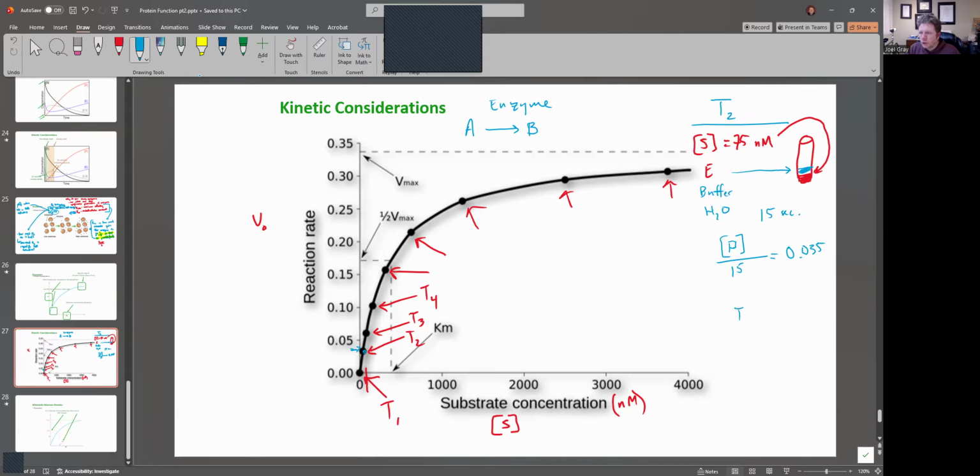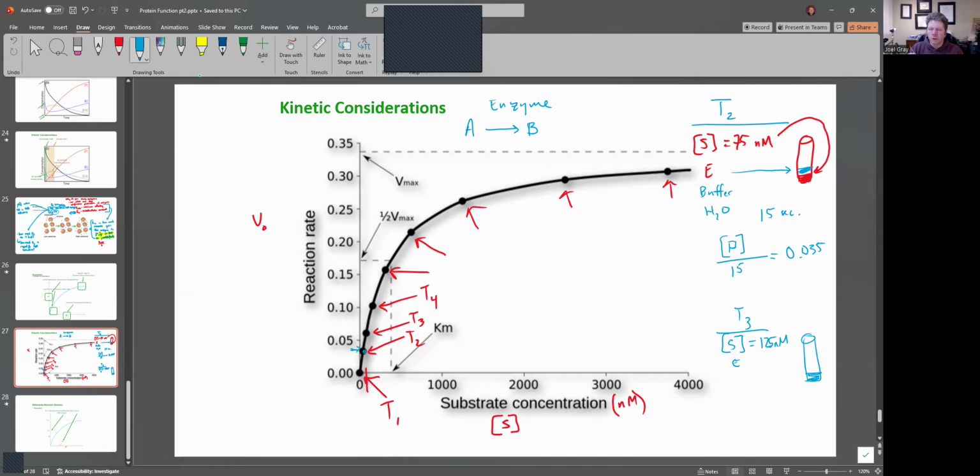Then trial number 3, they're going to increase the substrate concentration. And so they'll get another test tube. Substrate concentration grows from 75 to, let's say, 125 nanomolar. The enzyme will also be in there, as will the buffer and the water, and they're going to do the same thing.